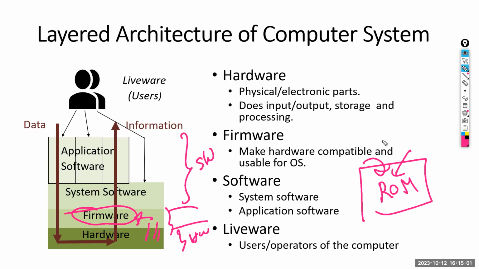We can even uninstall and install the operating system. But because this is in the ROM, it is not easy, or it is not our task, to change it. The manufacturer is supposed to do the changes, because it has to do with the hardware. So that is another reason why we call it firmware, because it's not as soft, not as flexible as software. That is why it used to be in the ROM. ROM means read only. Computer can only read, manufacturer writes.